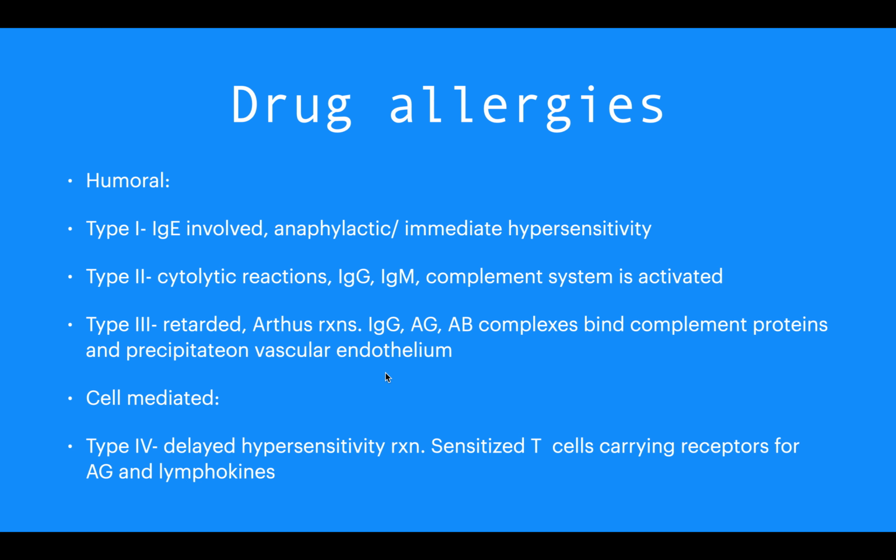Type 3 is the retarded effect, Arthus reactions, where IgG, antigen and antibody complexes bind complement proteins, with precipitation on the vascular endothelium. The cell-mediated one is type 4. It's the delayed hypersensitivity reaction, where the T cells, of course, will have the receptors for the antigens and the lymphokines.